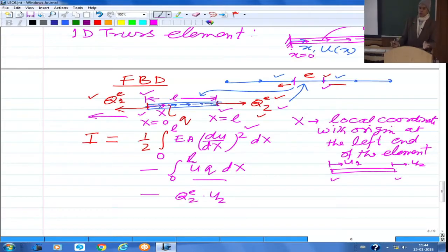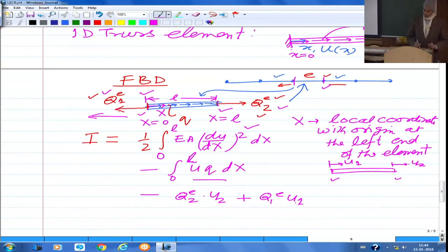If they are in the opposite direction, the displacement is negative. So here, because the force is in the negative direction, finally this force might turn out to be negative, so that its work done is positive. But for a positive case, this is a force along the negative direction, whereas the displacement is in the positive x direction, so the work done is negative, so its potential is going to be positive. So this is Q1E into U1.